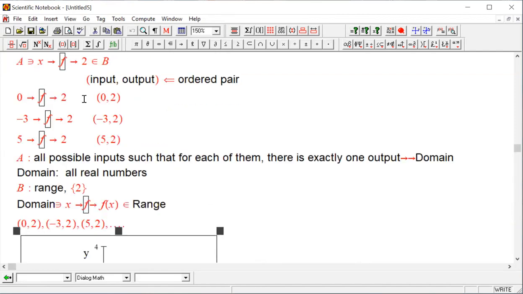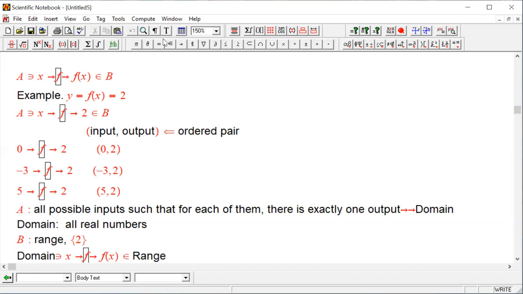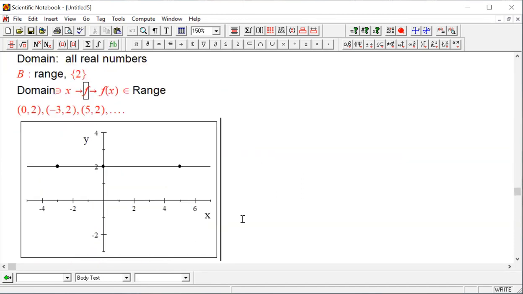This is the graph of the function. So this is an example of a constant function. If your constant is 5, then you have a similar graph, different outputs. So let's summarize.